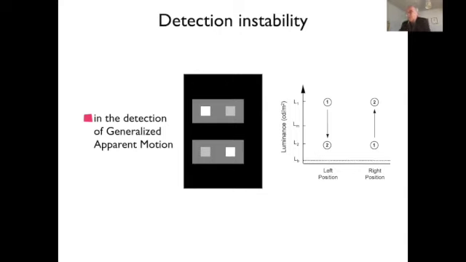So the first example, historically older, but actually a little bit more complex than the second example, is called generalized apparent motion. You're all familiar with apparent motion because you all watch videos and movies and so on, and you know that sequences of still images can generate the impression of motion if the timing and the spatial extent is right.